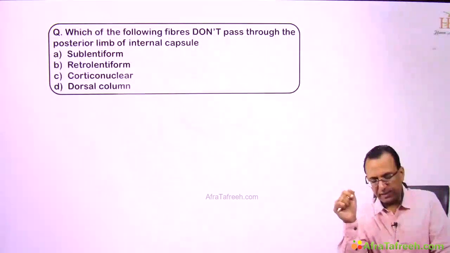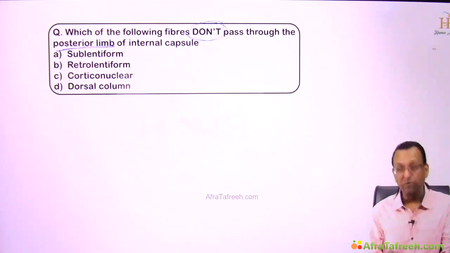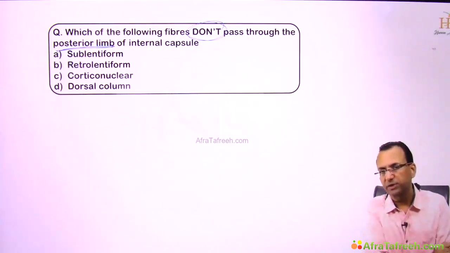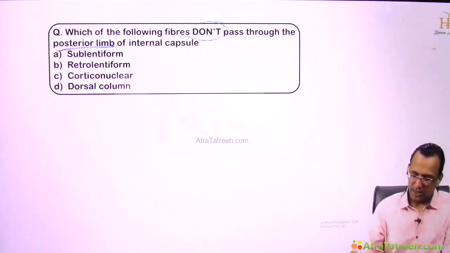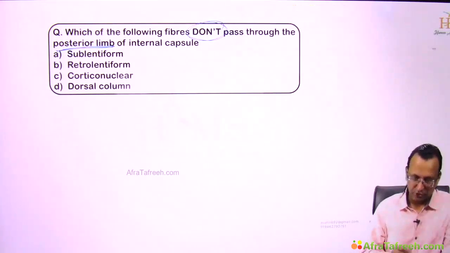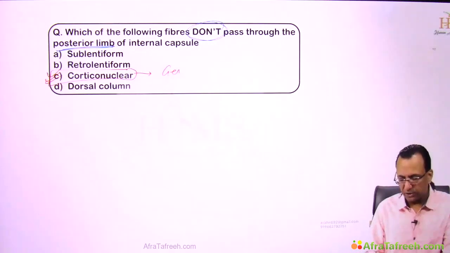This question is asking what is not passing through the posterior limb of the internal capsule. What do you think is the answer? The answer is the corticonuclear tract, because it is in the genu. Then what is in the posterior limb?